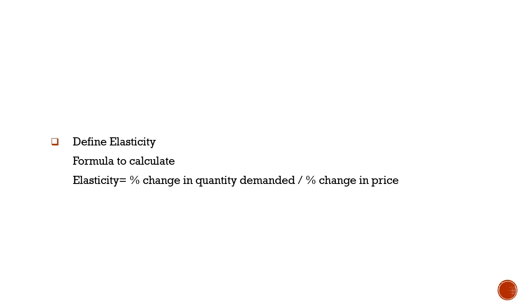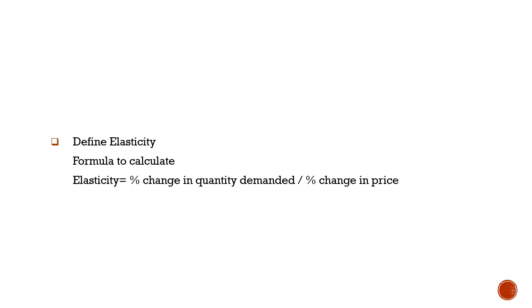Elasticity. Elasticity refers to the degree of responsiveness of one variable due to the change in another variable. So it indicates the relationship between price and demand. The extent to which change in price can affect the demand or the supply of a product is known as its price elasticity.